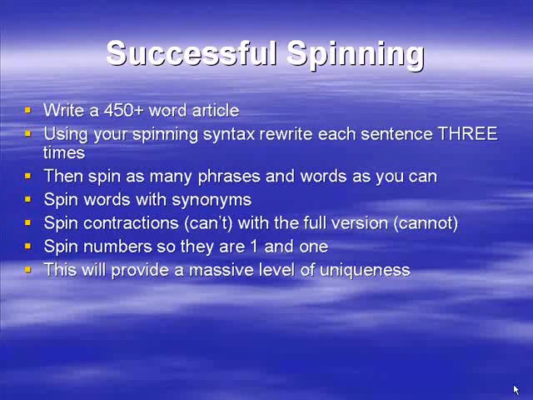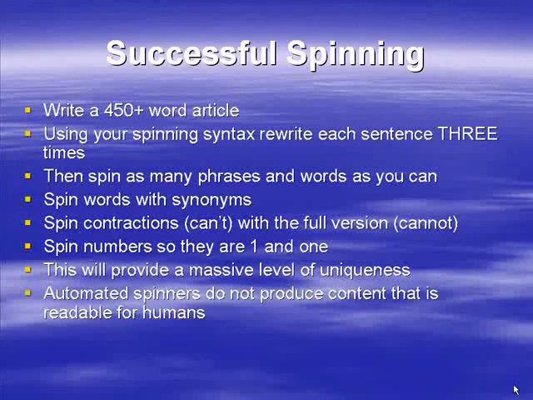You're going to get a massive level of uniqueness, which means you can get 50, 60, 70 plus articles out of a single article that are really, really unique. And that is fantastic and just what you want, because the more unique your articles are, then obviously the better it's going to be for you, simply because you're going to have unique content that looks and sounds different on all of your Linkwheel properties.